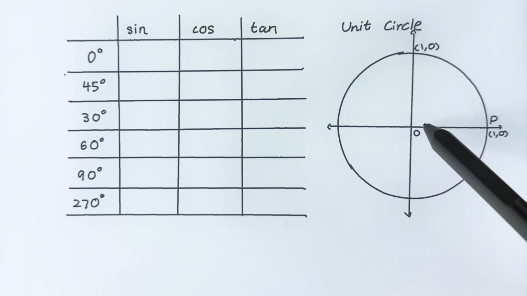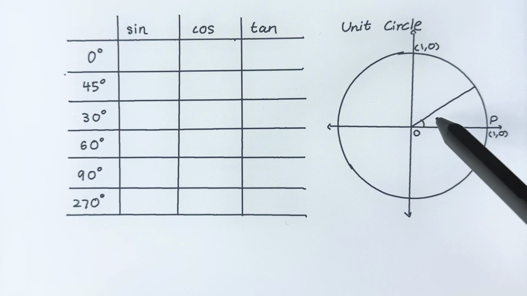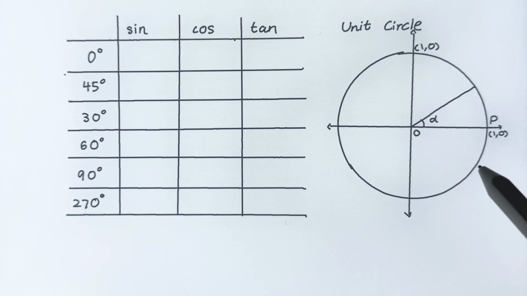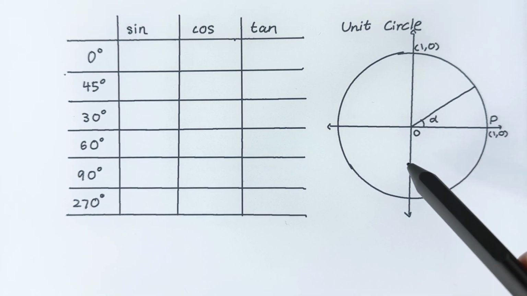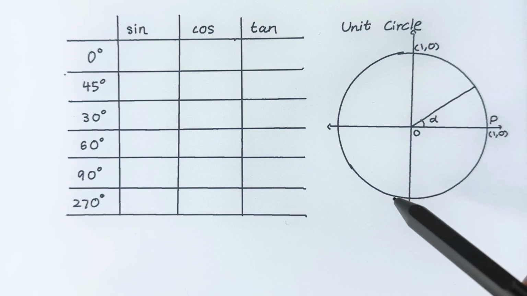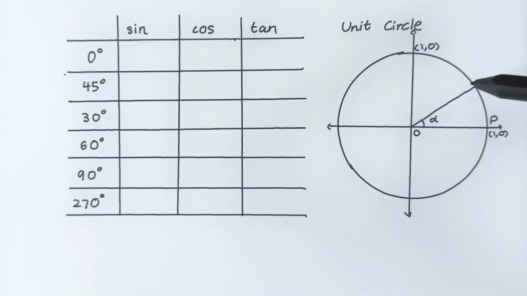Say we have an angle, alpha. We can use the unit circle to help us calculate the sine, cosine, and tangent of alpha. Sine, cosine, and tangent are associated with right triangles, so we shall first construct one.